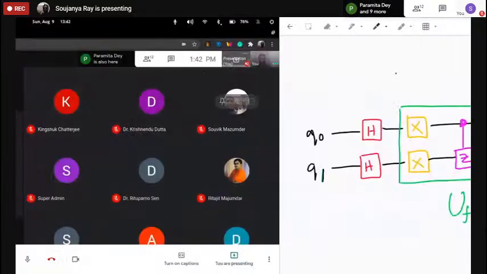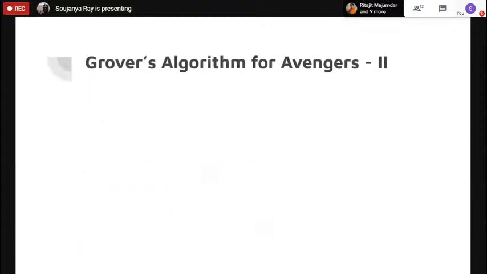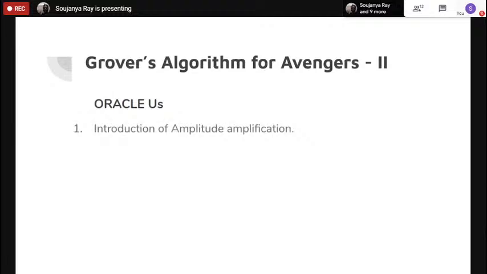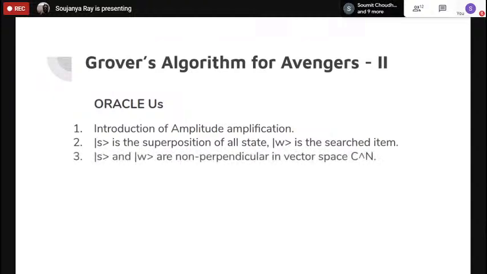Yeah. So this was the UF part, and then the second part is here, the Oracle US, where we introduced the amplitude amplification. S is the superposition of all states, and W is the search item, and they are non-perpendicular states in a vector space of complex, that's a complex space of Cn.